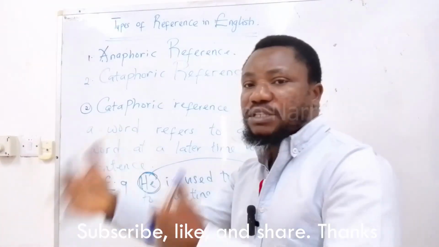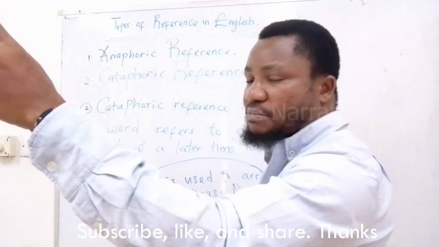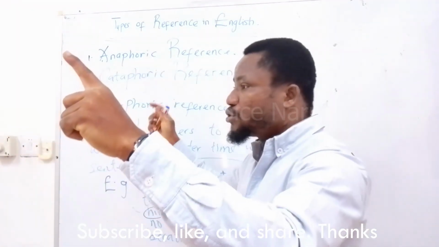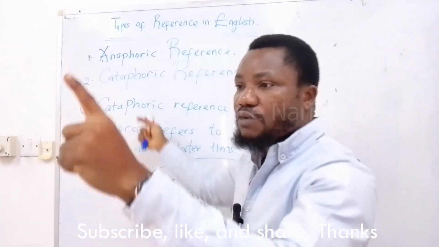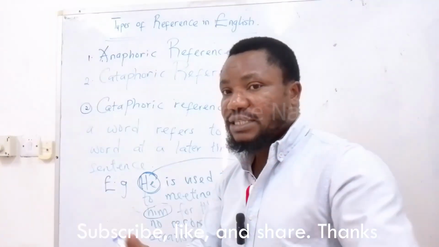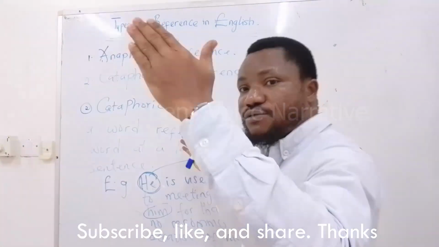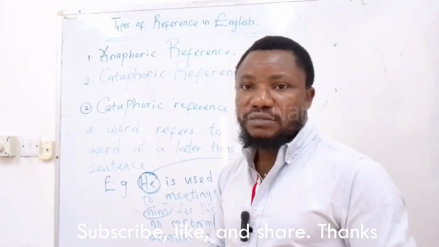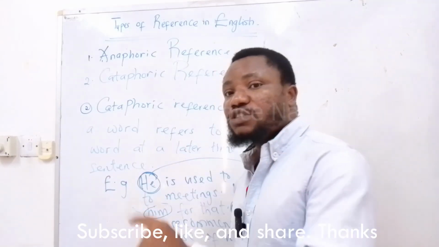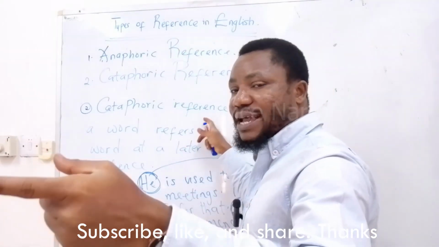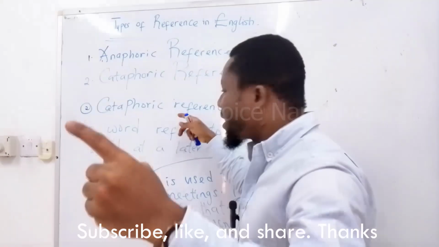So when you begin a piece of writing with the name of an individual, and then you go further to use pronouns to replace the names of the individuals you've used to begin the sentence, that type of reference is known as anaphoric reference, because you need to point backwards to know what the pronoun ahead means.